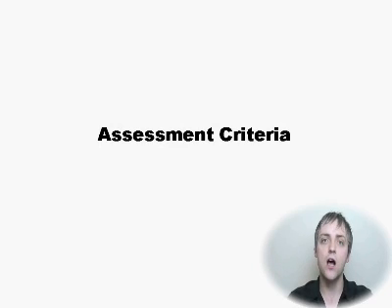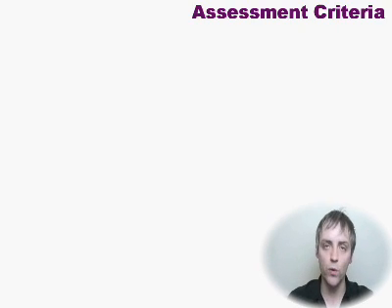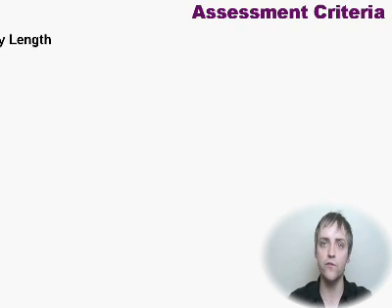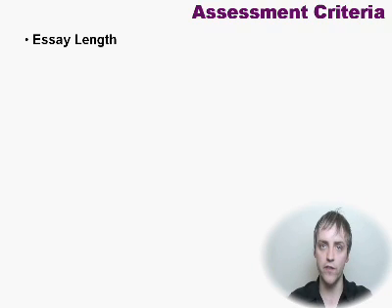Okay, so what are the examiners thinking about when they're reading your essay and marking your essay and giving you an IELTS score? Well, first of all, they will take an overview of the essay and decide whether it's the correct length or not, if it's too many words or too few words.